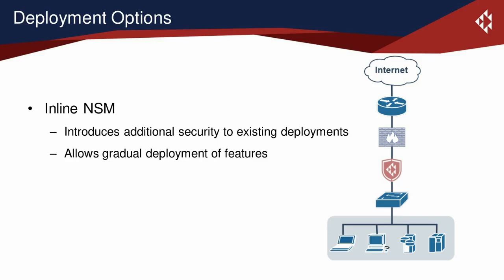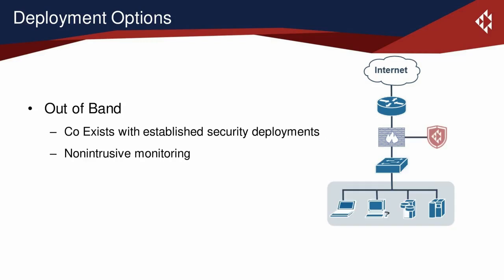Now, out of band, this is more of network monitoring and really just taking advantage of the port mirroring or span port filtering, and it allows us to just do monitoring without really interrupting the flow of traffic at all.